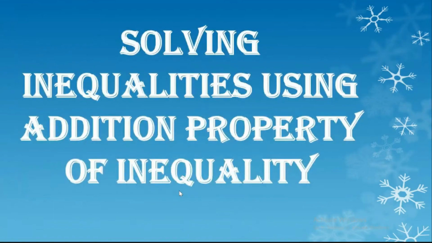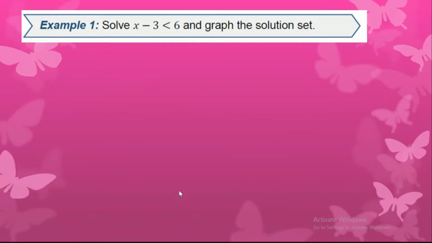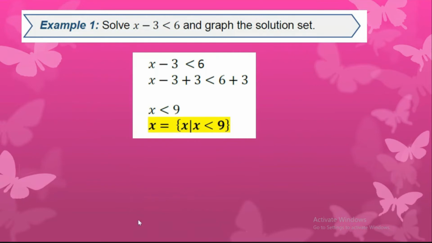Let us now solve linear inequalities using the two properties that we have discussed. First is using the addition property of inequality. Solve x minus 3 is less than 6 and graph the solution set. So we have x minus 3 is less than 6. That's the given inequality.